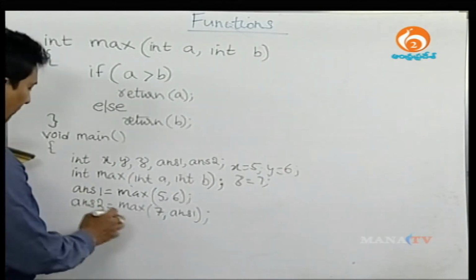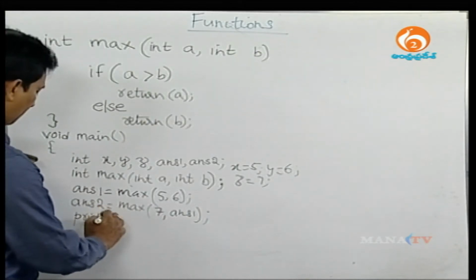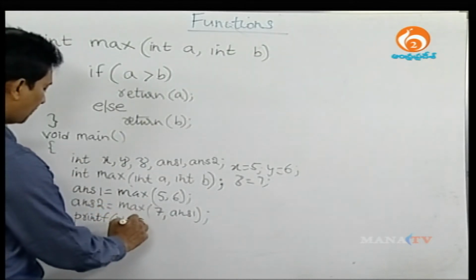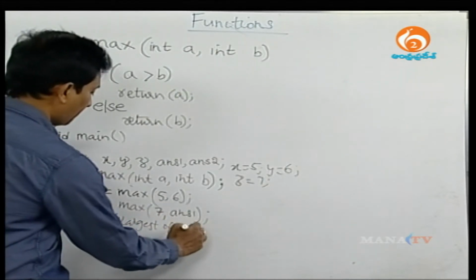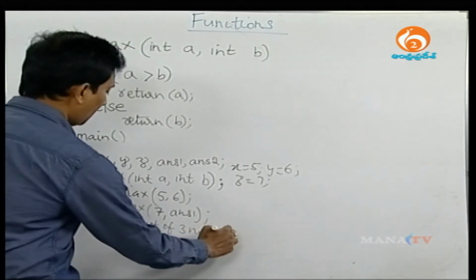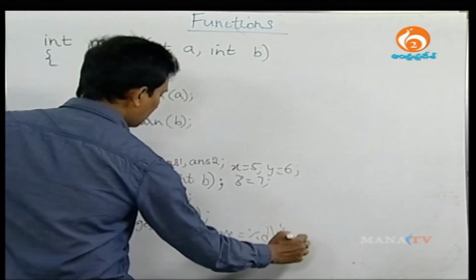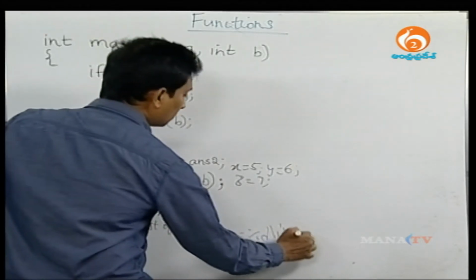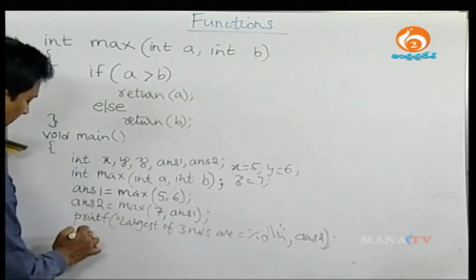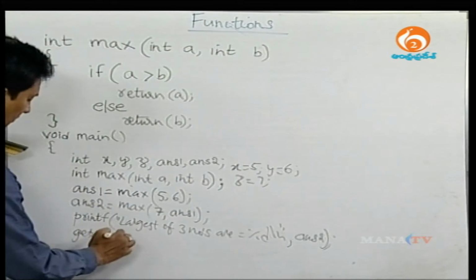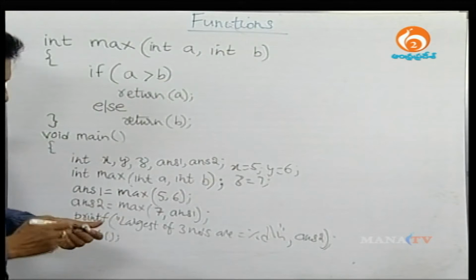Next, printf largest of 3 numbers is %d \n, comma answer2. getch, closing braces.